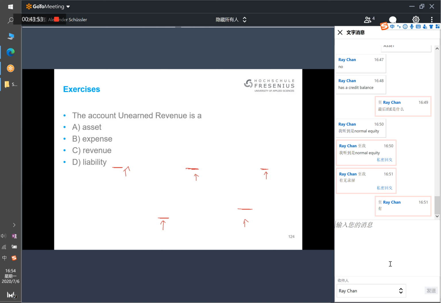The account unearned revenue is an asset, an expense, revenue, or liability. What do you think? What is unearned revenue?